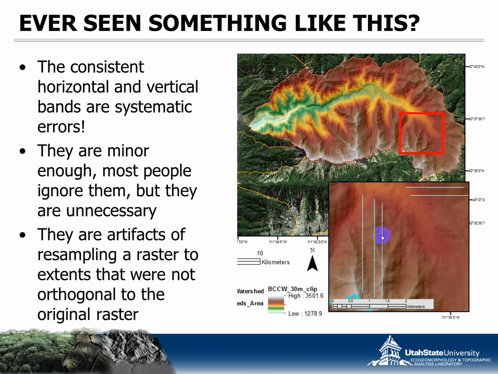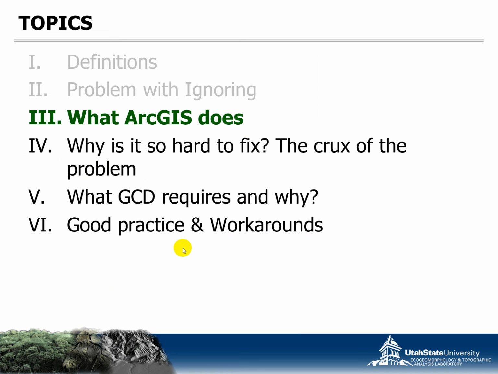When that raster was resampled, minor interpolation errors were introduced, resulting in these consistent banding patterns, and those are unnecessarily introducing errors that, if we're going to do things like change detection, we want to do without those sorts of problems.